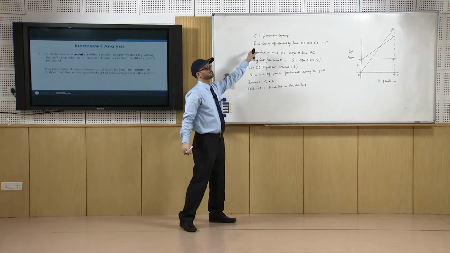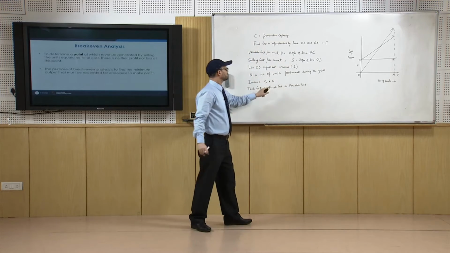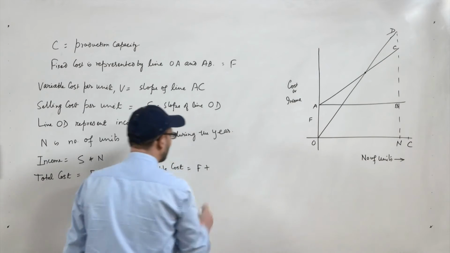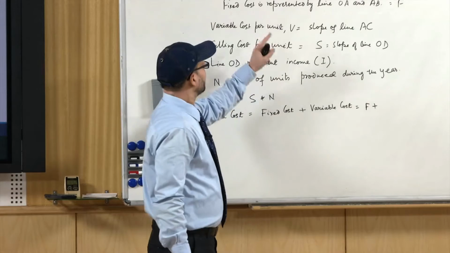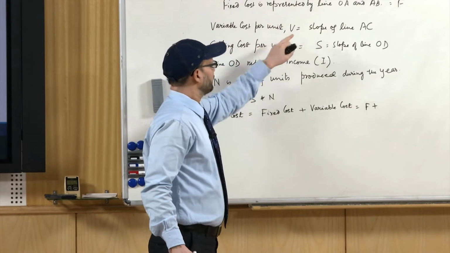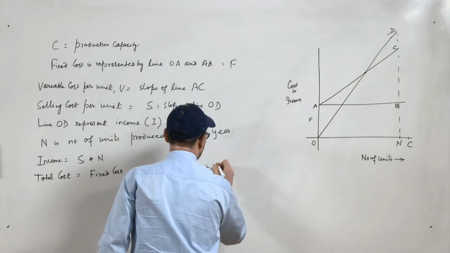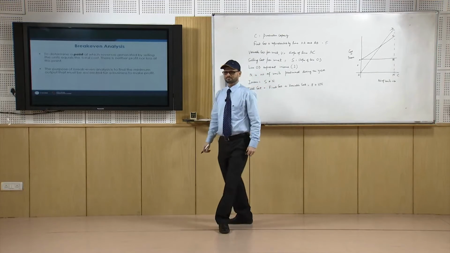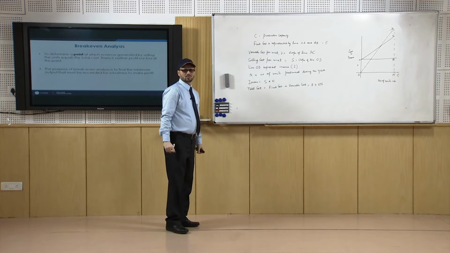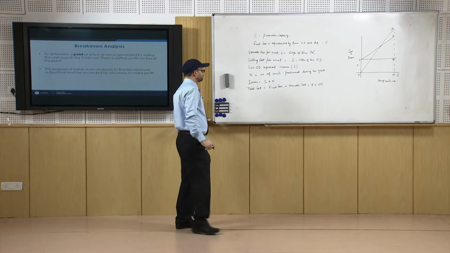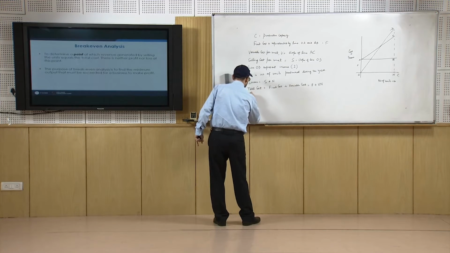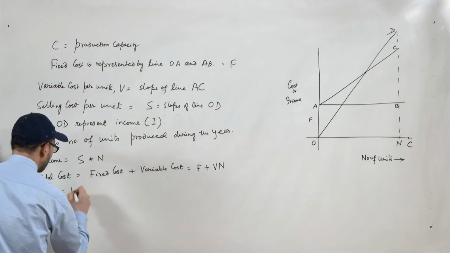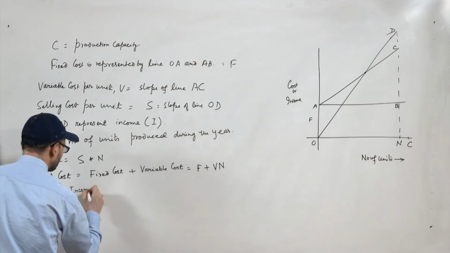Fixed cost is for the whole year, so fixed cost is given as F. Variable cost will be the variable cost per unit multiplied by the number of units produced. So, profit will be income minus total cost.